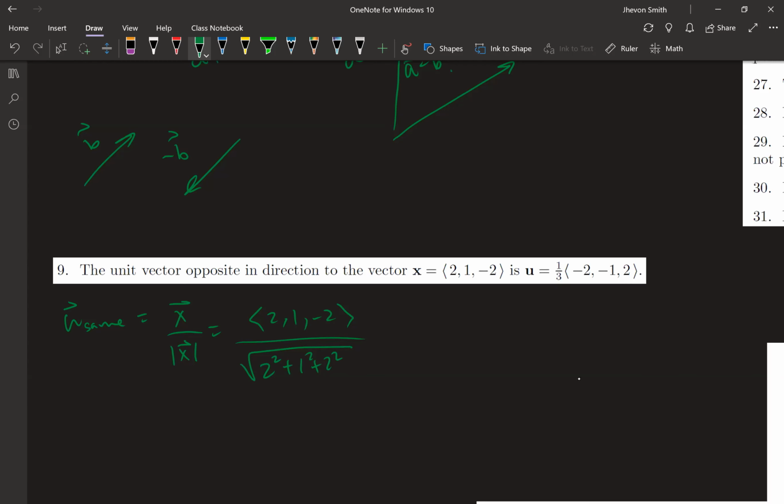So that gives you 4 plus 4, that's 8 plus 1, that's 9. So it's divided by 3. Let me factor out a third to make it look more like the thing here. So that's going to be 2, 1, minus 2 times a third. Now I want u in the opposite direction. That's just going to be the negative. Remember, to turn direction around with vectors, you just multiply them by a negative. And that's true.